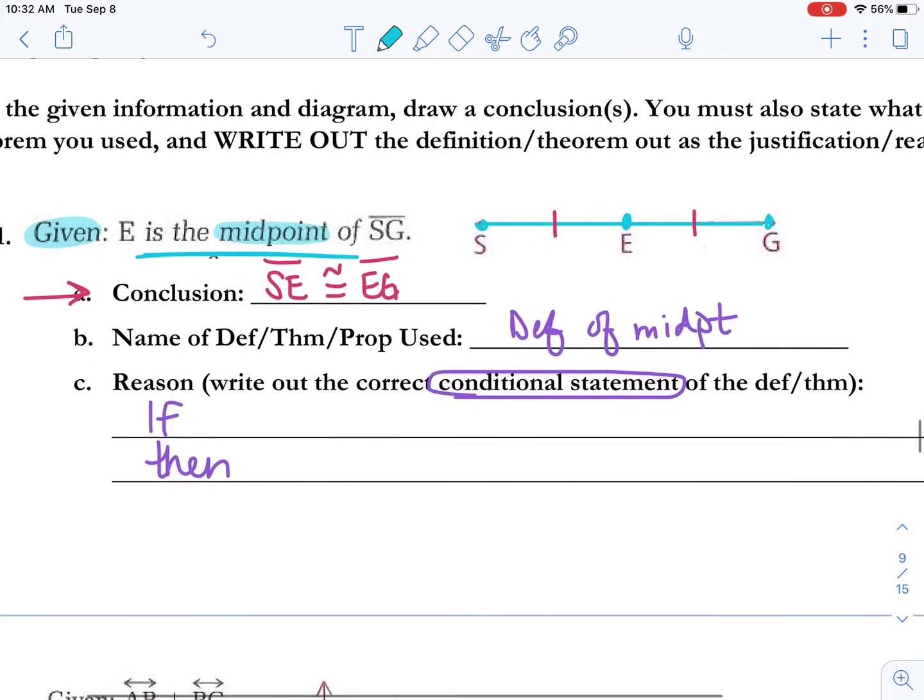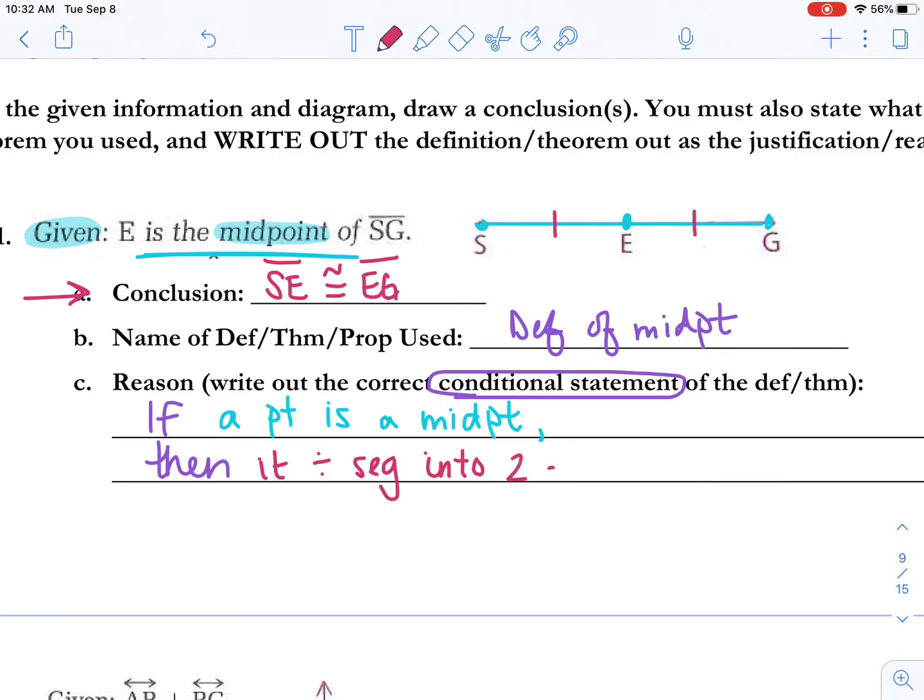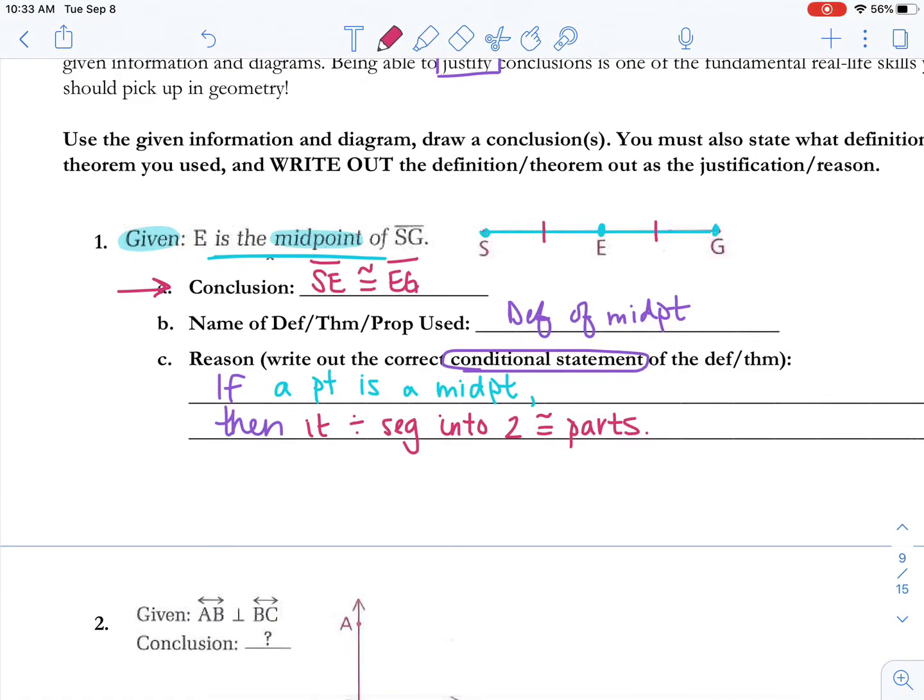So the hypothesis is if a point is a midpoint of a segment, then, and then our conclusion, it divides the segment into two congruent parts. Notice that what we had written out as our conclusion are two congruent parts. So this is the theorem, the definition that we can fill out.